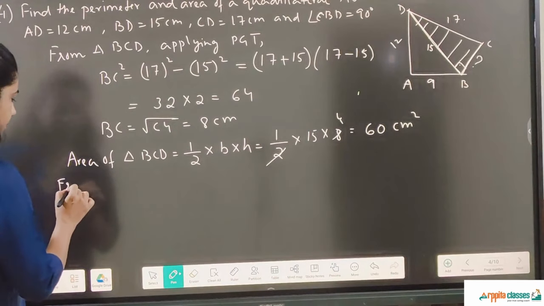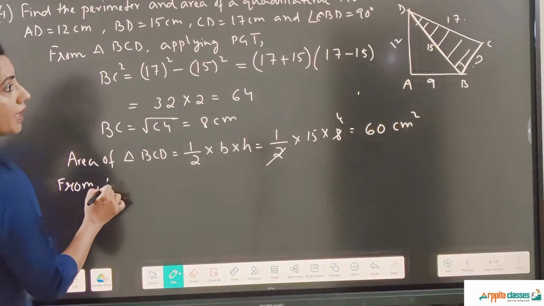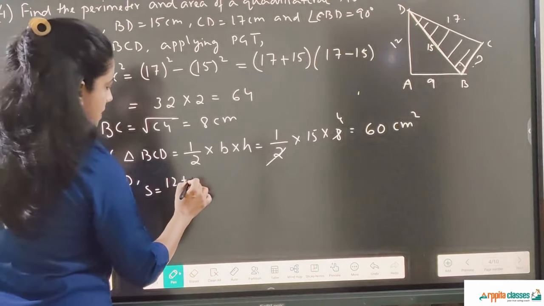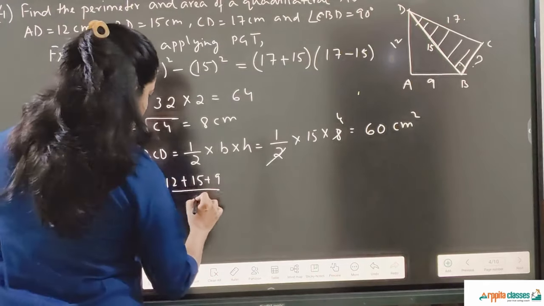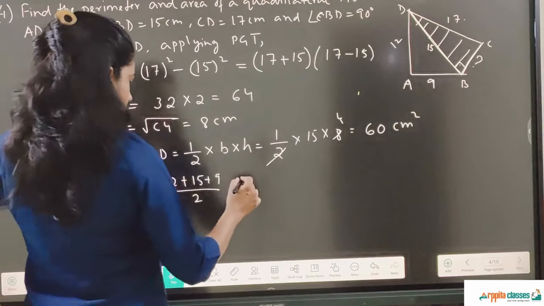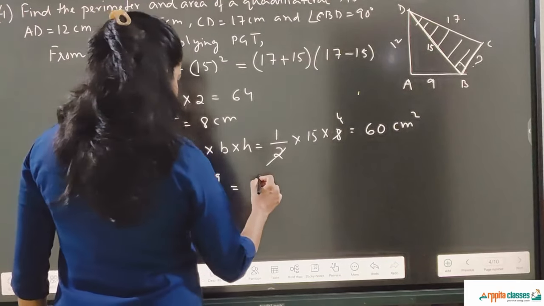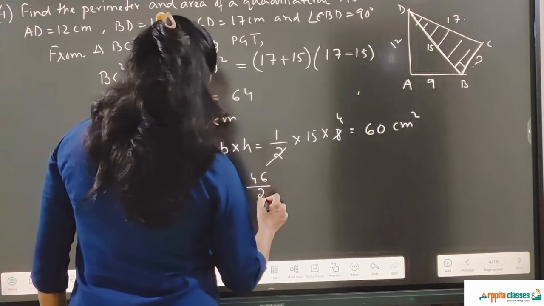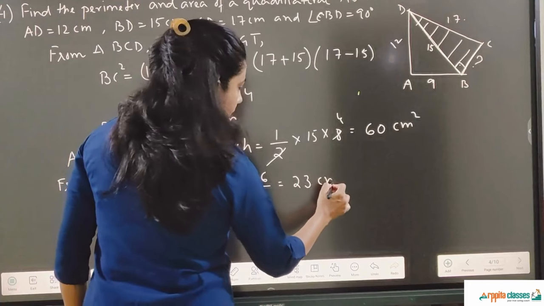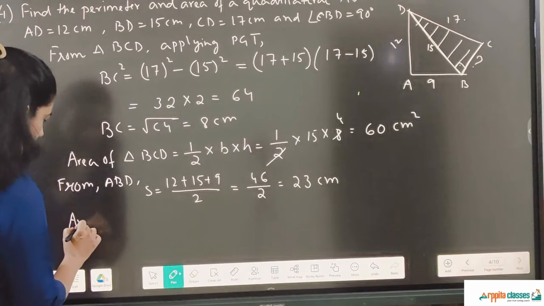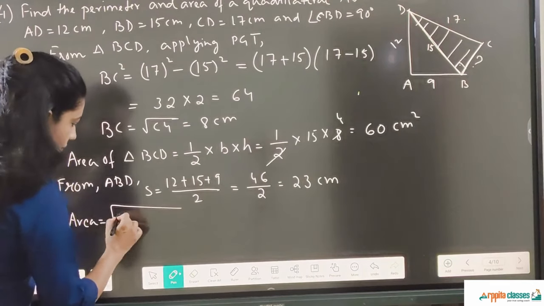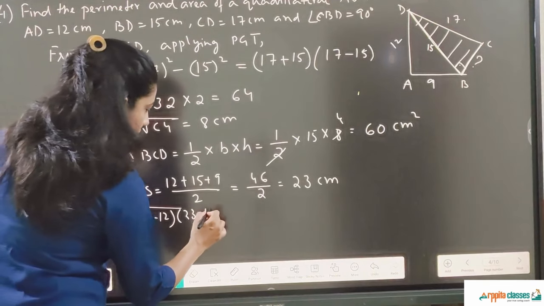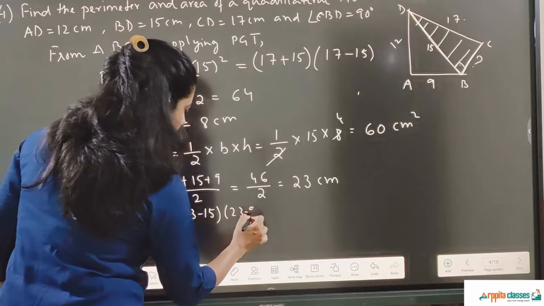So from ABD, S is equal to 12 plus 15 plus 9 upon 2. So that is 46 upon 2, that is 23 centimeter. Therefore, area is under root 23, 23 minus 12, 23 minus 15 and 23 minus 9.